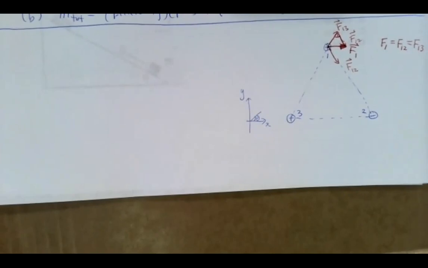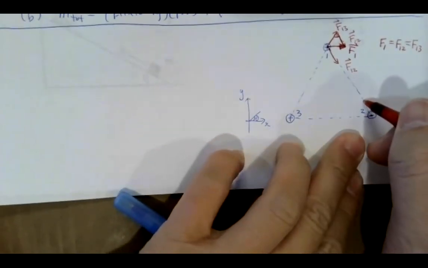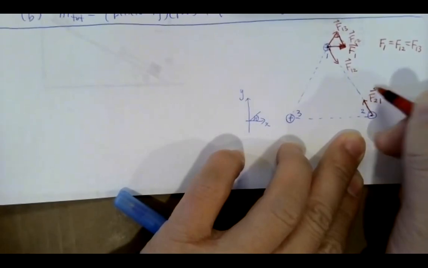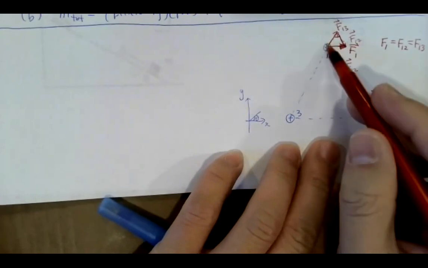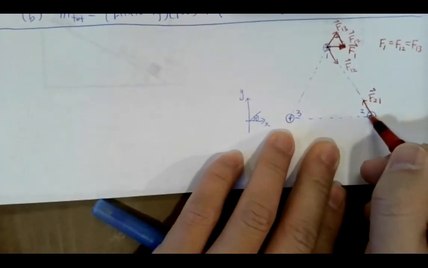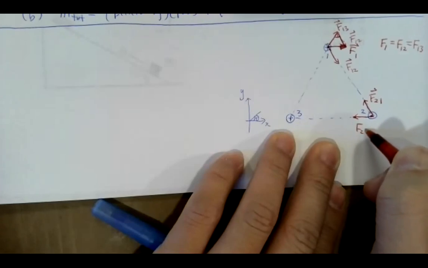Now on 2 here, you'll get a force by charge 1 in that direction, F2 by 1, because they are opposite charges. And then the same thing here, the force on 2 by 3 will be in that direction as well, F2 by 3.